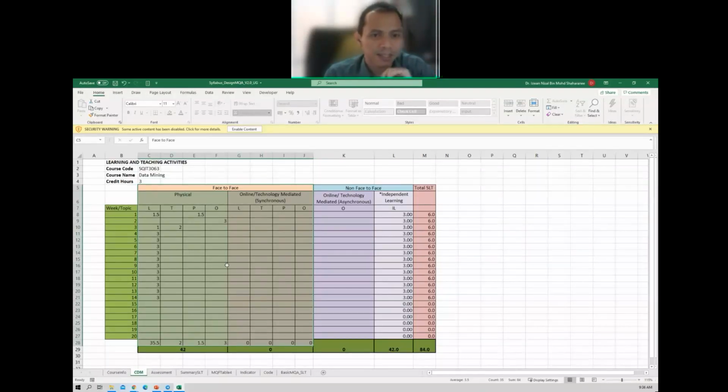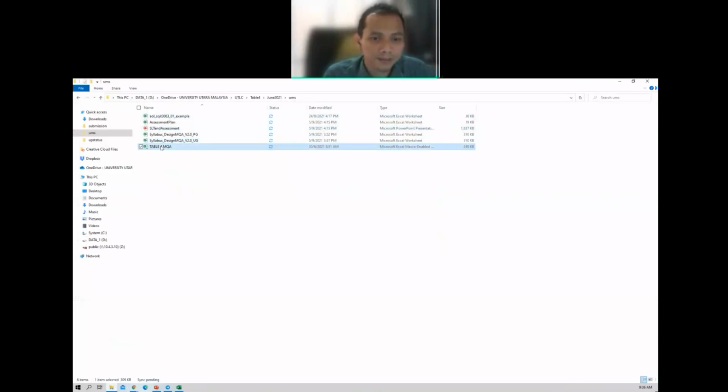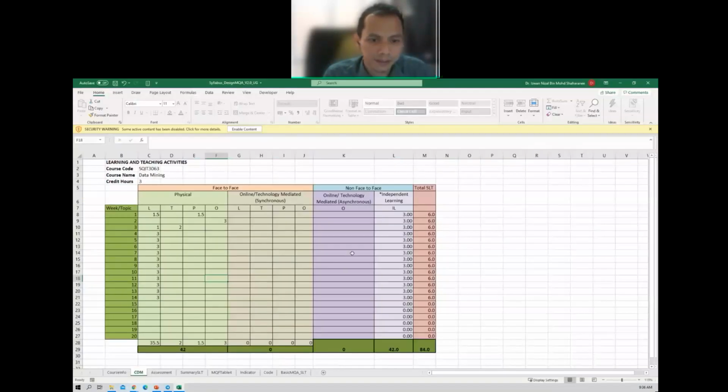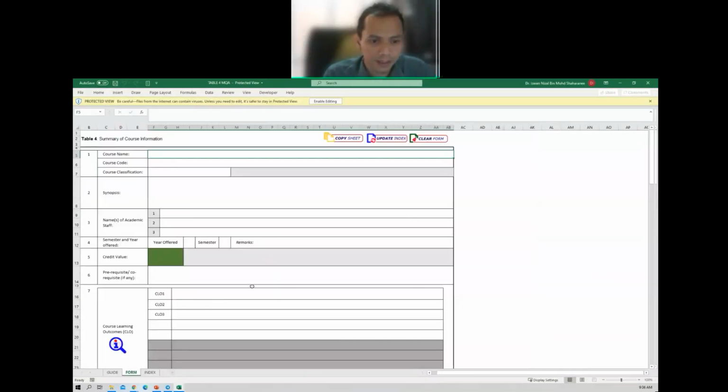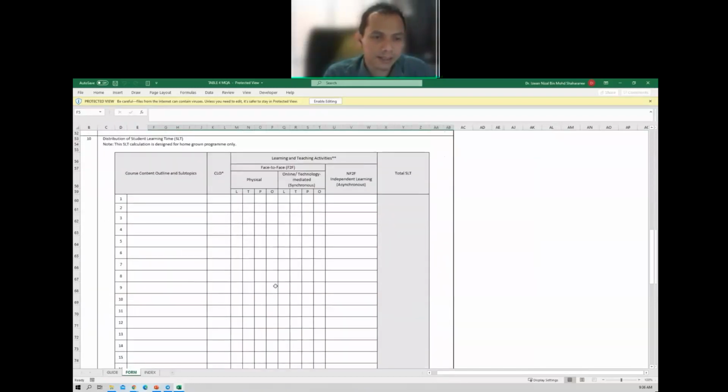If you look at the new Table 4 given by the MQA, we have face-to-face physical and face-to-face online technology mediated.